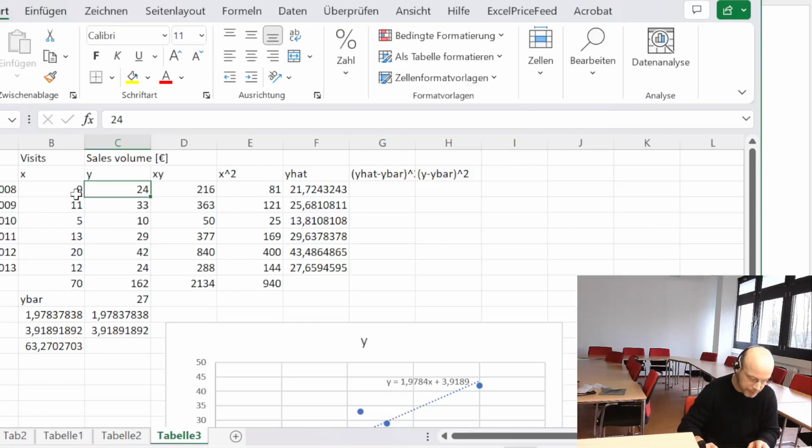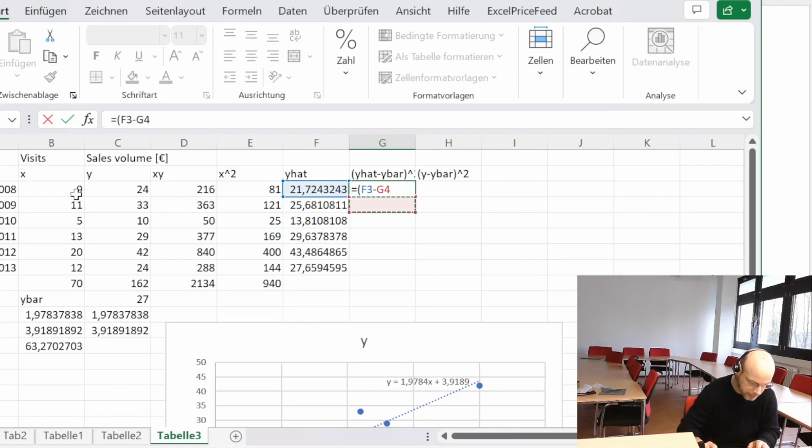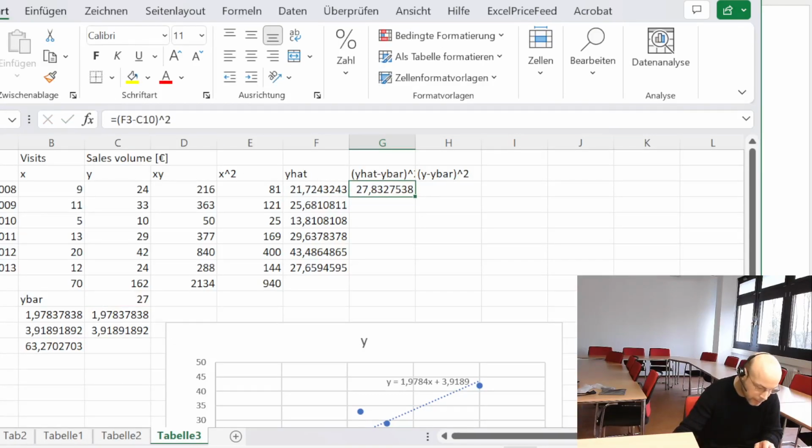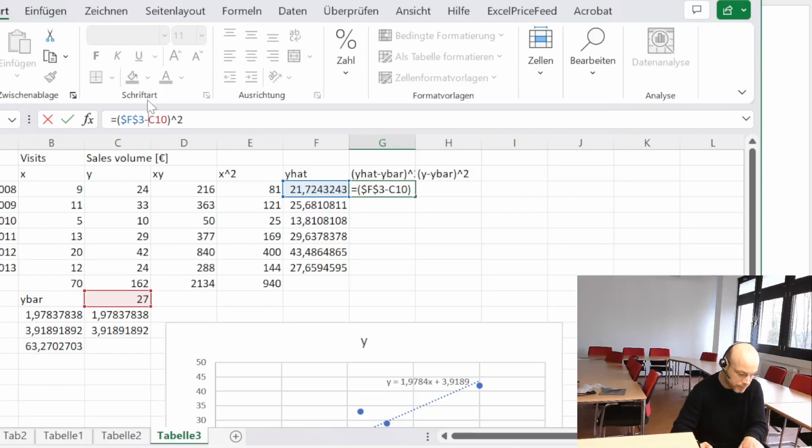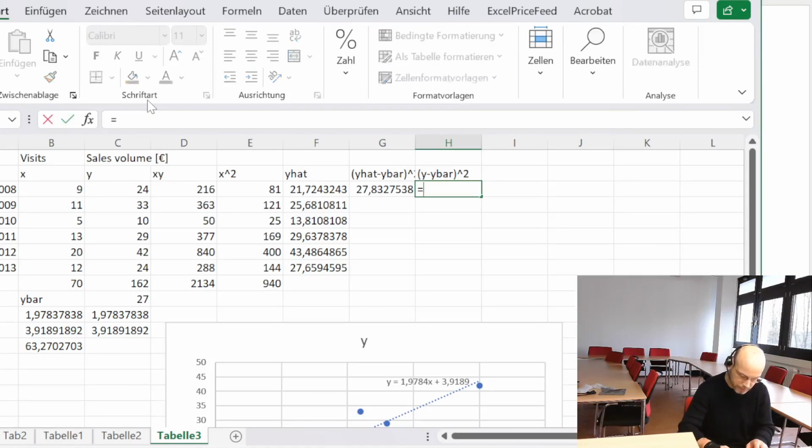This is y bar, and then again y hat minus y bar squared, and we have to fix these two numbers with the dollar signs, and now the same, y minus y bar, also squared.